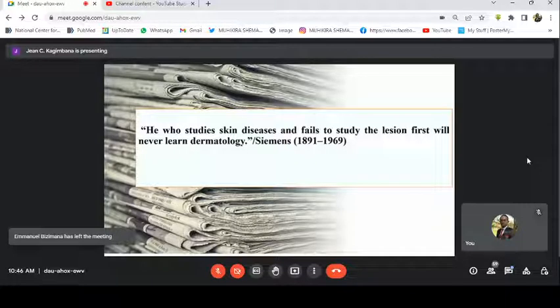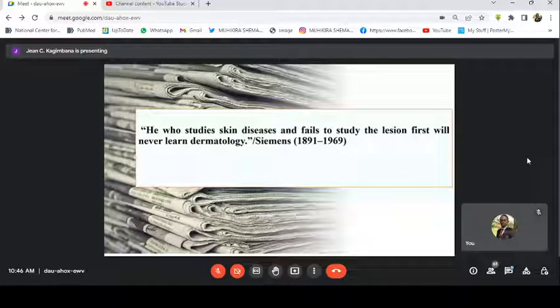You can't pretend to treat a patient or know his skin condition if you don't study the lesion well. That's why when we do a skin biopsy, we have to describe the lesion so that a pathologist can read it and correlate the clinical findings with the histological findings. Okay?